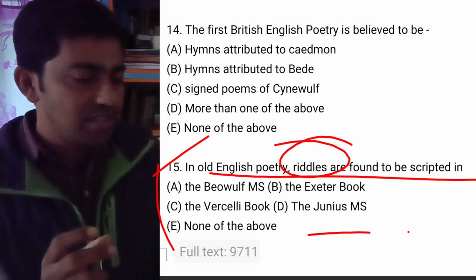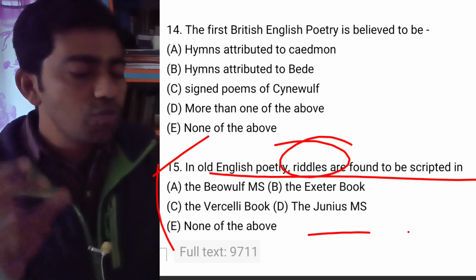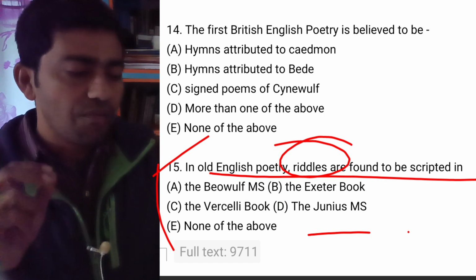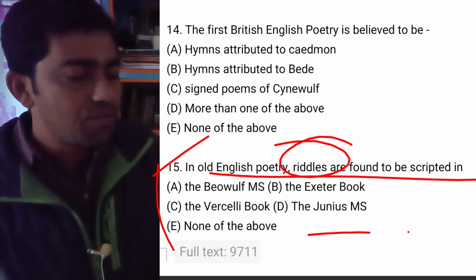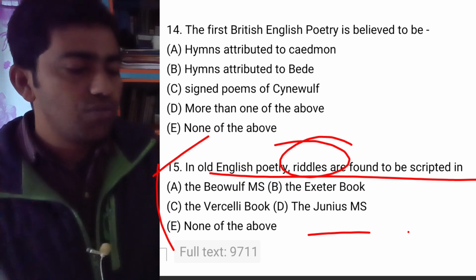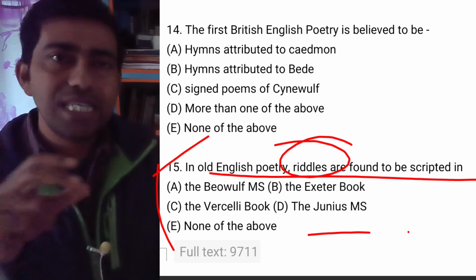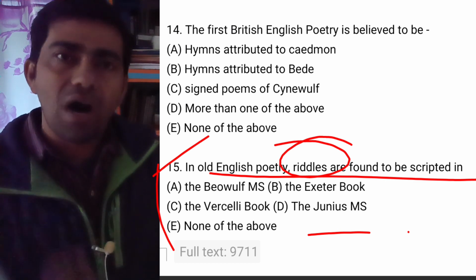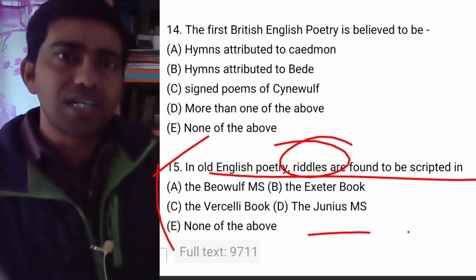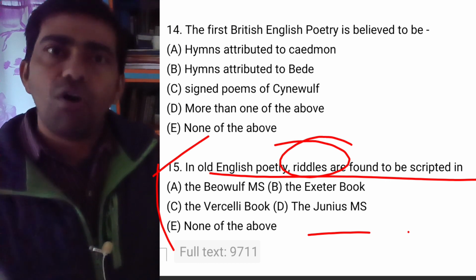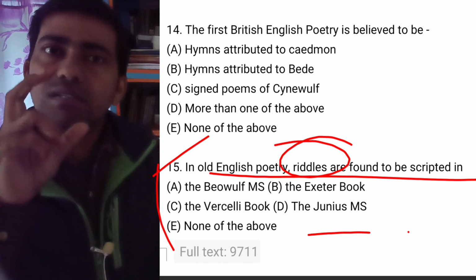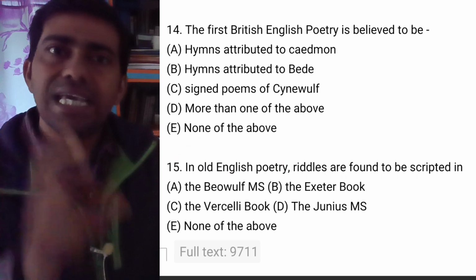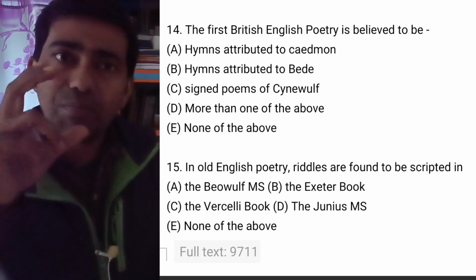So riddles are found to be scripted in the Beowulf MS, the Exeter Book, the Vercelli Book, the Junius MS, none of the above. These books are the only collections found to be correct for knowing the history of British English literature or the beginning of English literature.